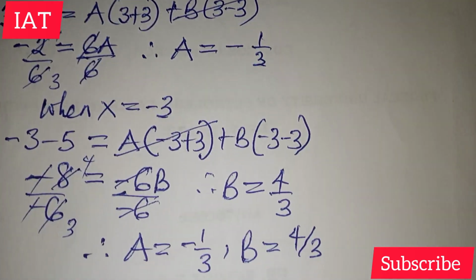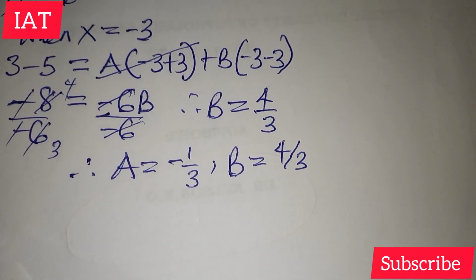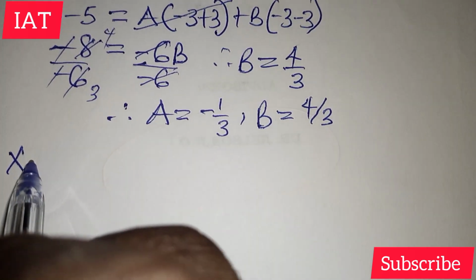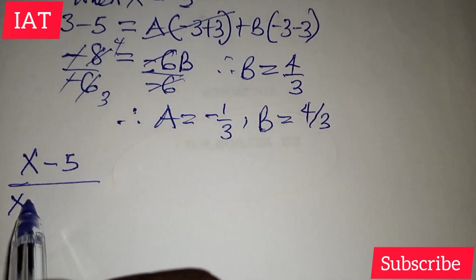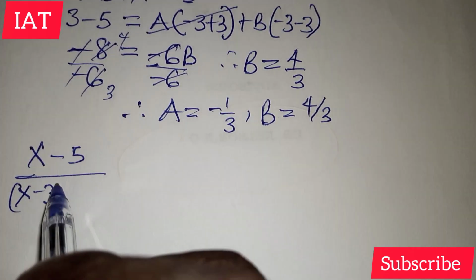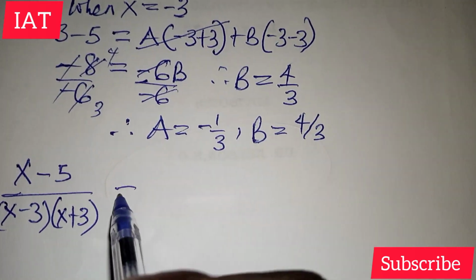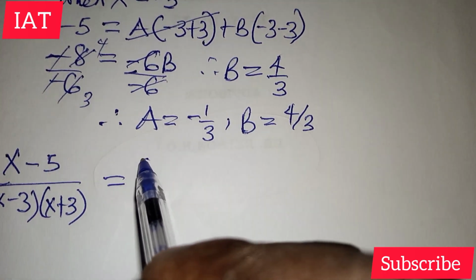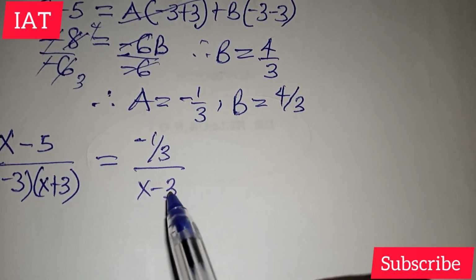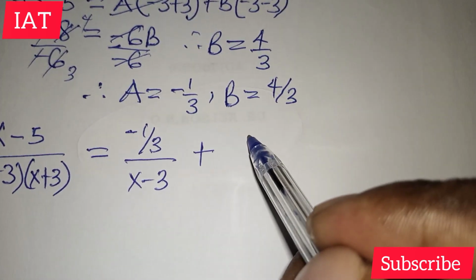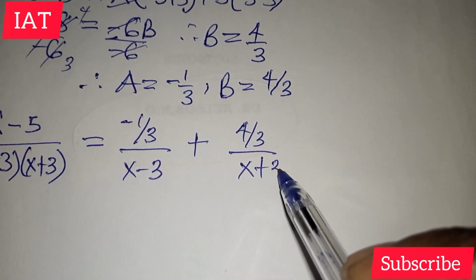Alright, so from the left hand side we have x minus 5 over x minus 3 into x plus 3, and the whole of this is equal to a, which is minus 1 over 3, all over x minus 3, plus b, which is 4 over 3, all over x plus 3.